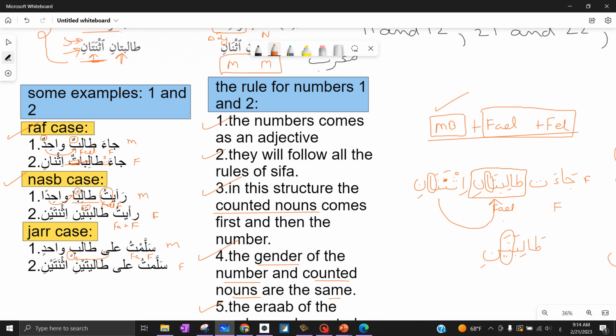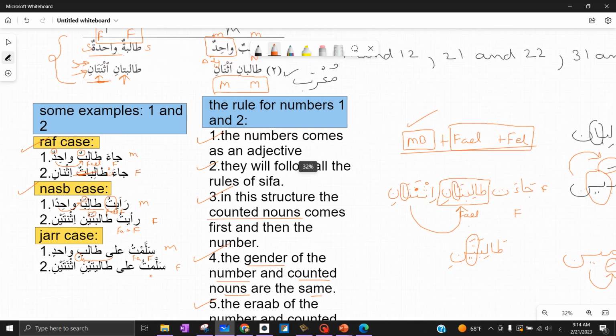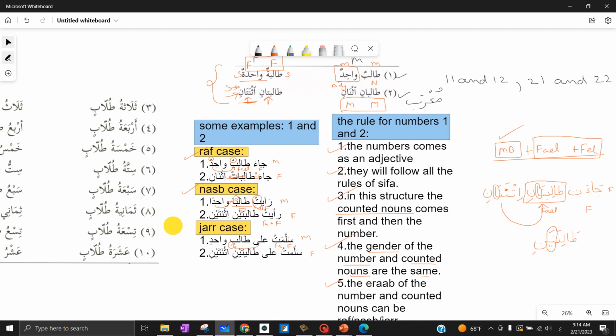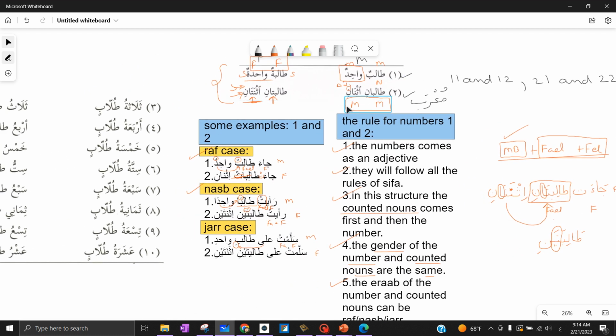Sallamtu ala talibin wahidin. What about in dual case? Sallamtu ala talibatayni ithnatayni. Same, because in mansub and majroor the muthanna will be the same. So this is the i'rab and the points you should keep in mind about number 1 and 2, all the rules of 1 and 2.